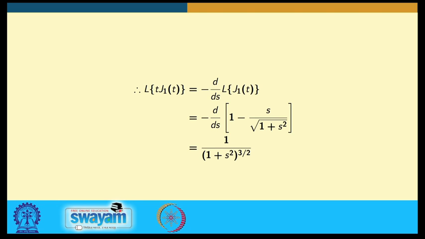Fine. So, this is equal to the Laplace transform of J 1 t; a root over will come, the root over is missing. In the second last line, 1 minus s by root over 1 plus s square will be there, the value will be this.